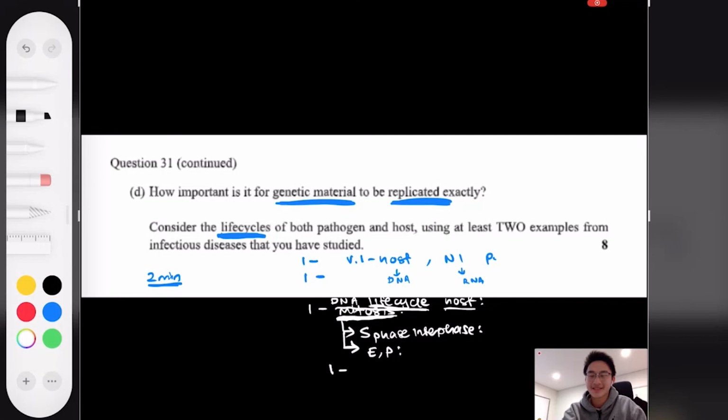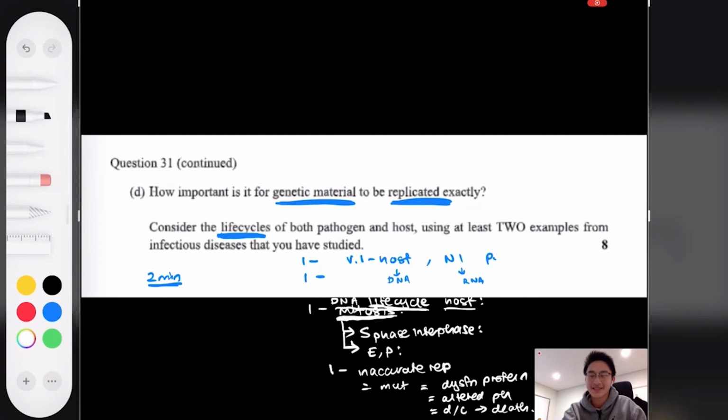So what I would mention here is inaccurate replication equals mutation equals dysfunctional protein, altered phenotype, and disease, cancer, and death.